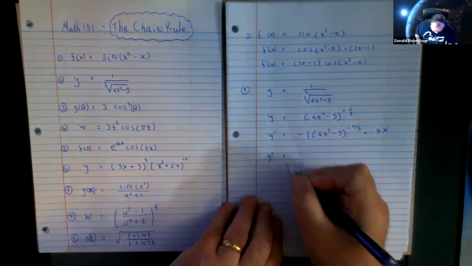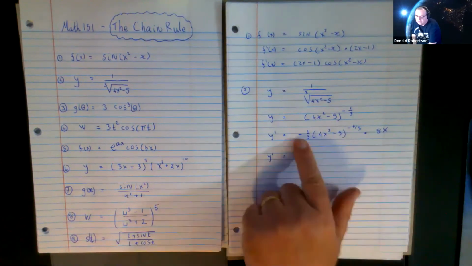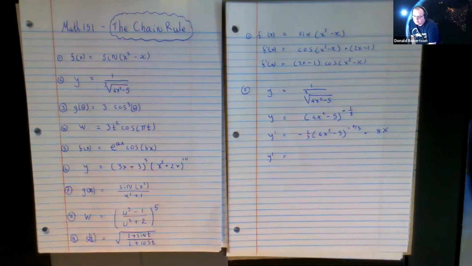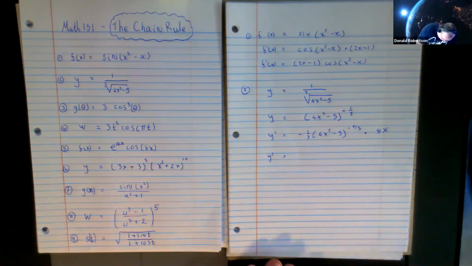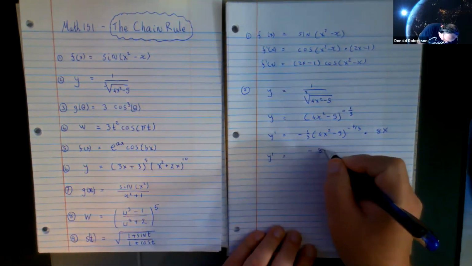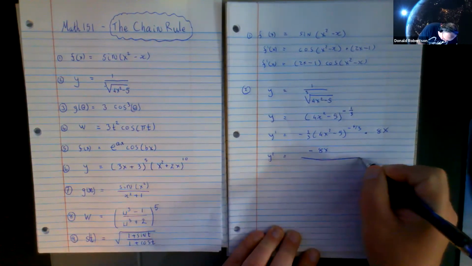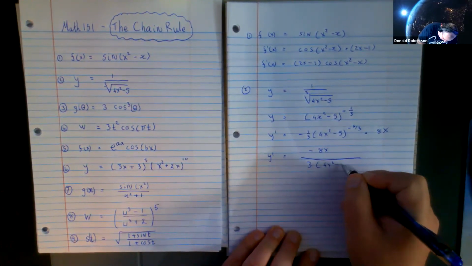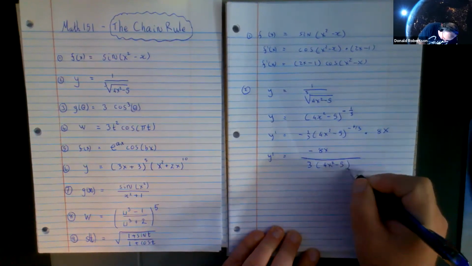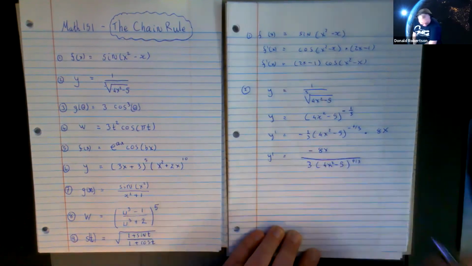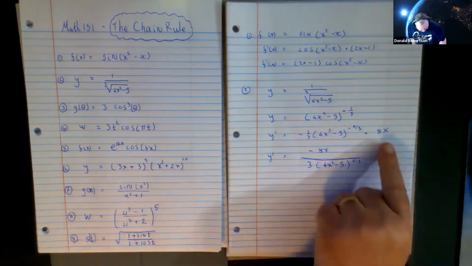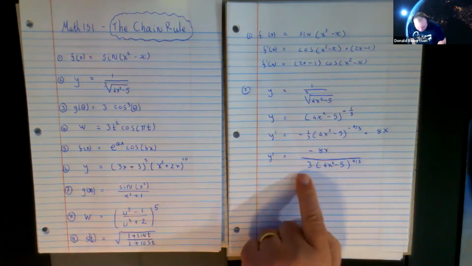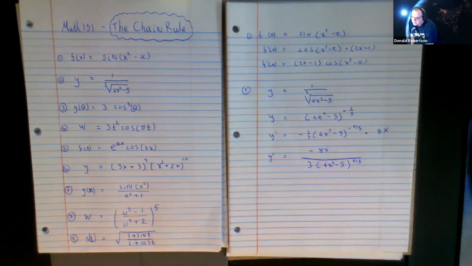Now, calculus is finished here, but the question isn't. We have style points now. We have to try and do our best to make this look as pretty as we can. So I'm going to call it negative 8x on the top. And on the bottom, I'm going to do 3 lots of 4x squared minus 5 to the 4 thirds. Are you comfortable about where the negative x and where the other pieces fit?